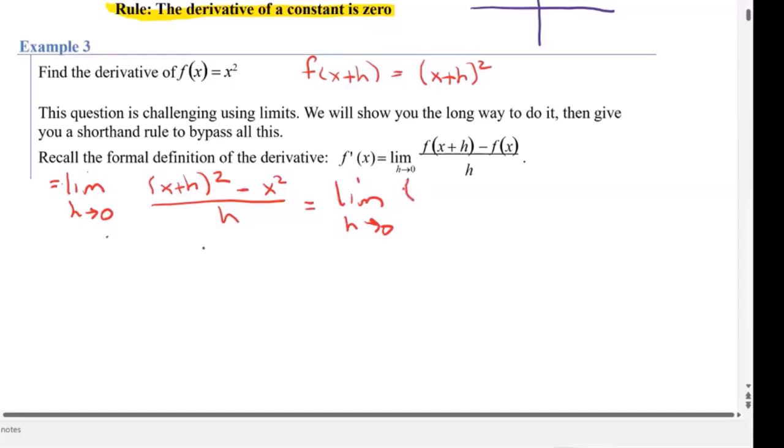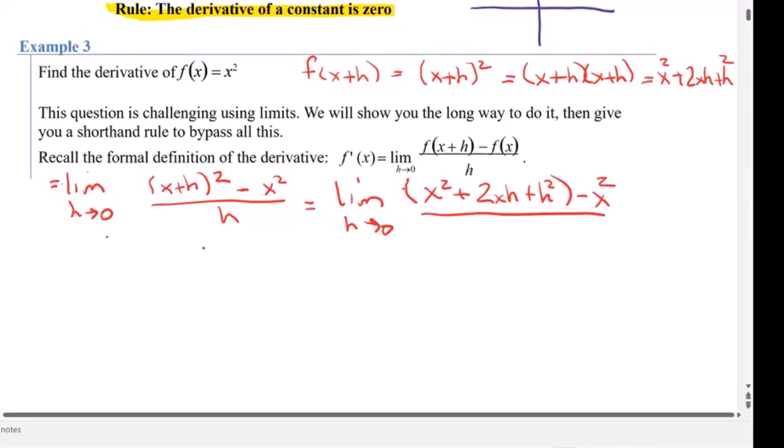And then if we multiply x plus h times x plus h, we get x squared plus 2xh plus h squared. So I'm going to put that in here, x squared plus 2xh plus h squared minus x squared divided by h, which is equal to the limit as h approaches 0.